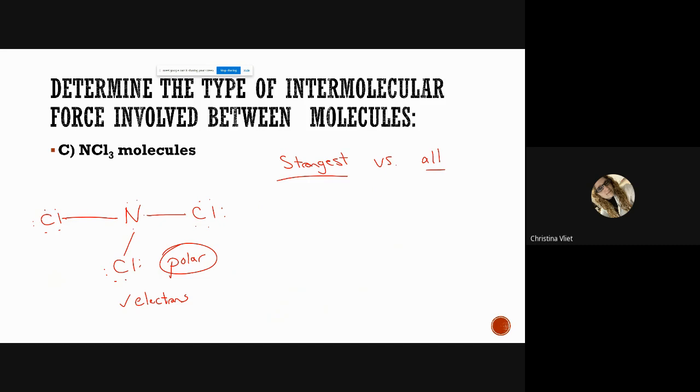We said it's polar, right? Does it have hydrogen connected to fluorine, oxygen, or nitrogen? Yes? So what does that mean our strongest force is?